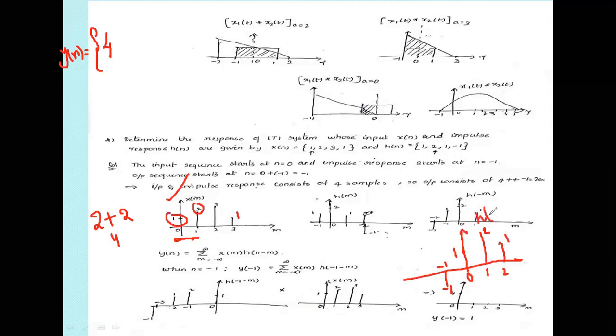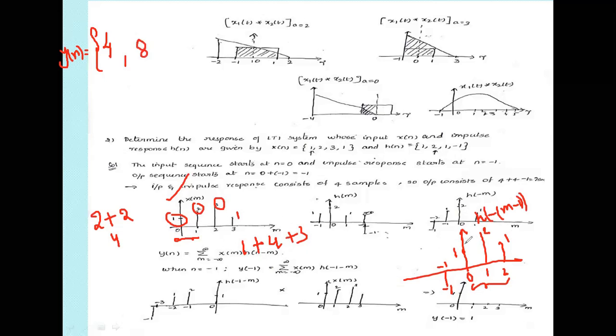That is h of minus of m minus 1. One sample is moved. So again here there are three values, having 1, 2, 3 as the magnitudes. Here 1, 2, 1. So 1 into 1, 1. 2 into 2, 4. And here the magnitude is 3. 3 into 1 is a 3. So 8 is another value.